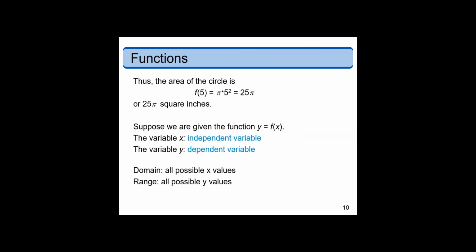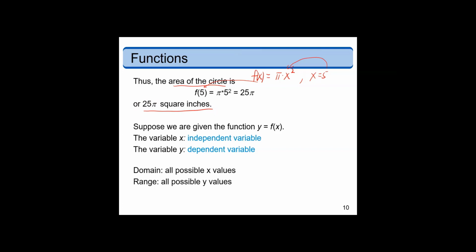The area of the circle equals f of 5, because f of x equals pi times x squared. When x equals 5, replacing x with 5, we get f of 5 equal to pi times 5 squared, which is 25 pi. So if the radius equals 5 inches, then the area is 25 pi square inches.